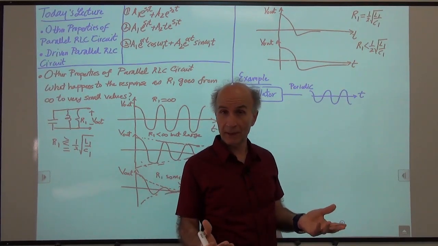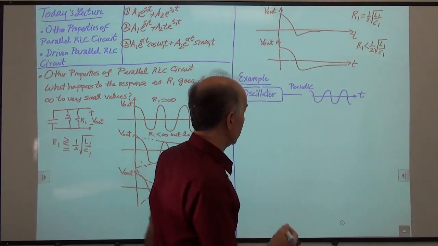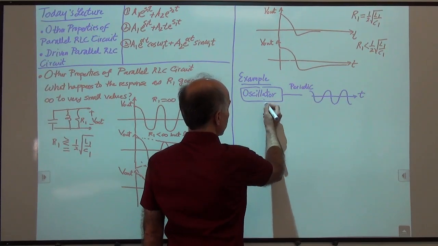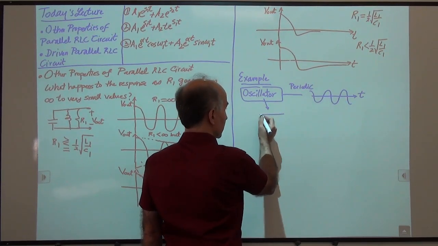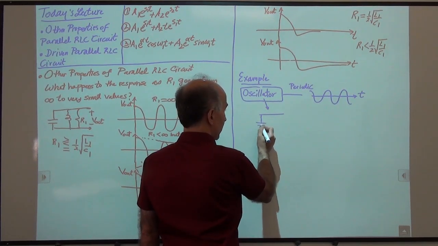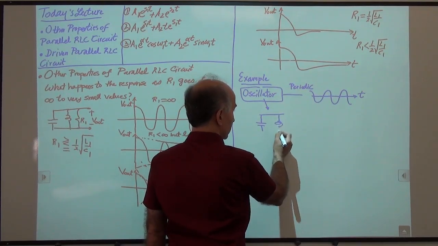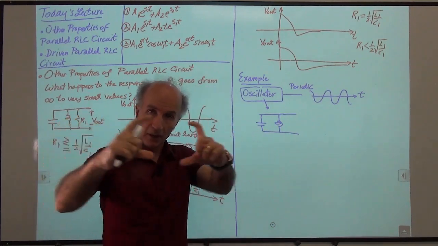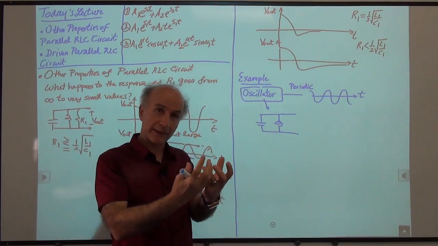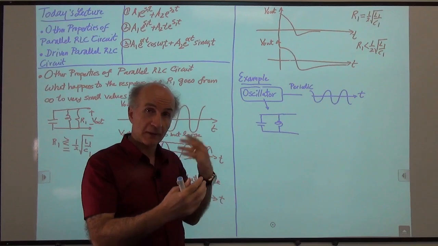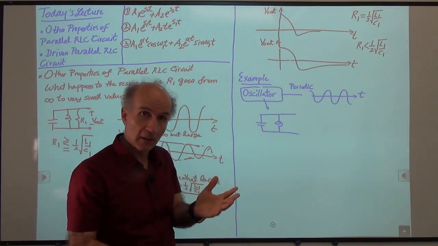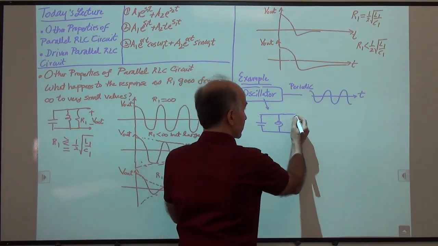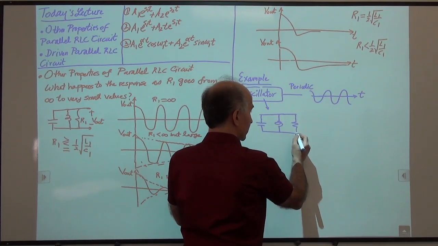There's a very interesting technique that allows us to do this, and the technique is as follows. This oscillator is realized in some cases like this. We have a capacitor, we have an inductor. So we buy a capacitor, we buy an inductor, we hook them up. That's our tank. Unfortunately, this tank is lossy, however you build it. So we will use the resistor here to model the loss.